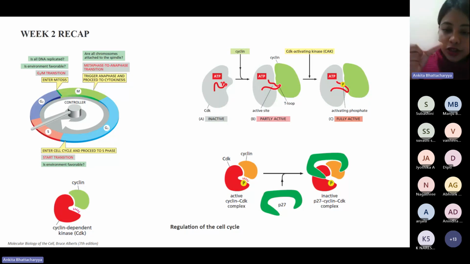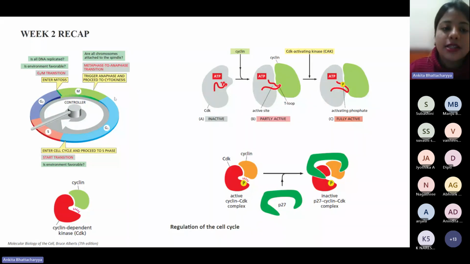So this is called a commitment point or a commitment step, where a cell has made sure it has done its part and has everything in place, and only then will it proceed towards division. So this point between G2 and M is known as the G2M transition phase, and is a very crucial point, as you can understand, where a cell is committing to dividing in the next step.